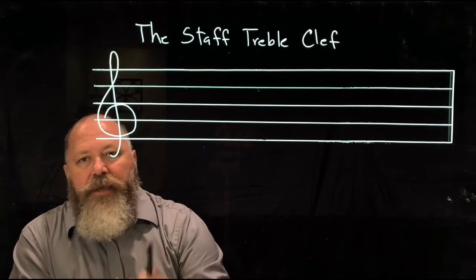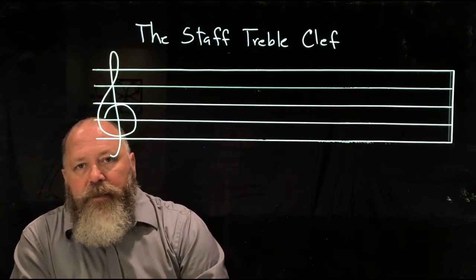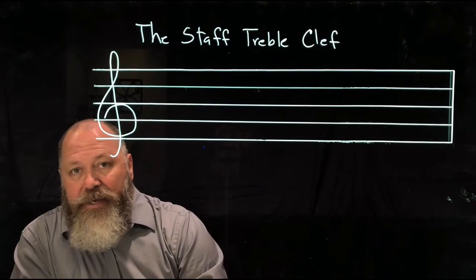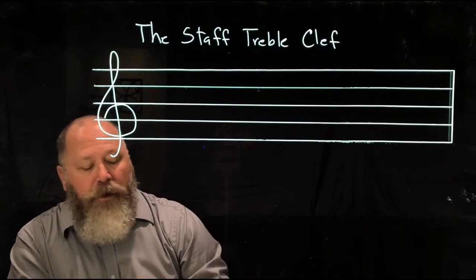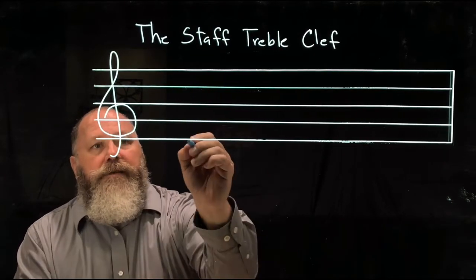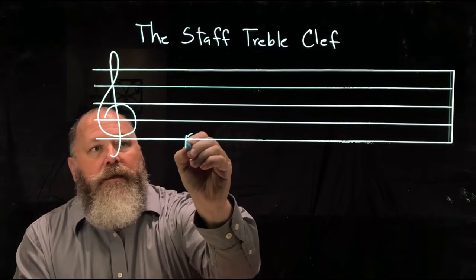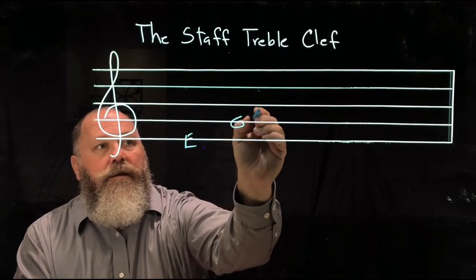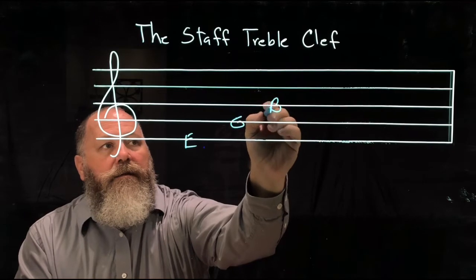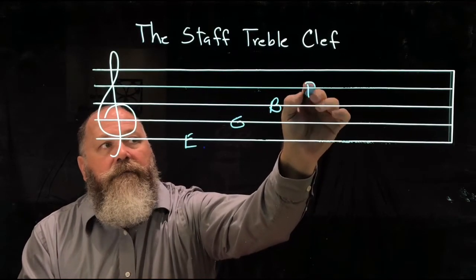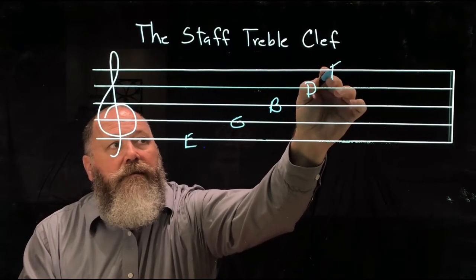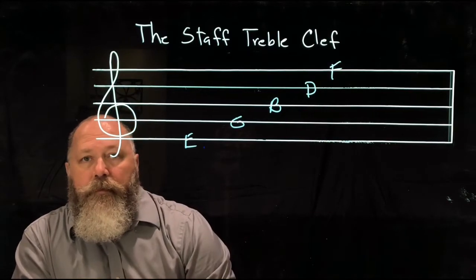The common thing in all of those are the letters E, G, B, D, F. And we always name them from the bottom to the top. E, G, B, D, F.